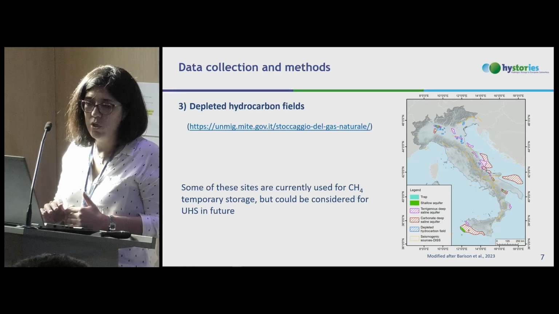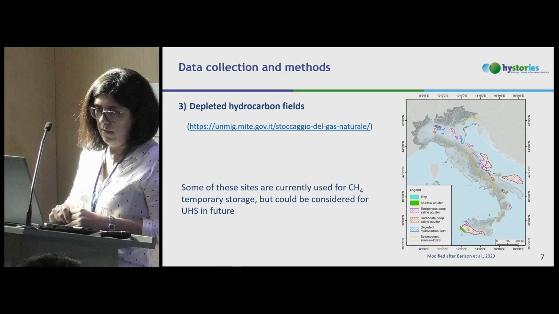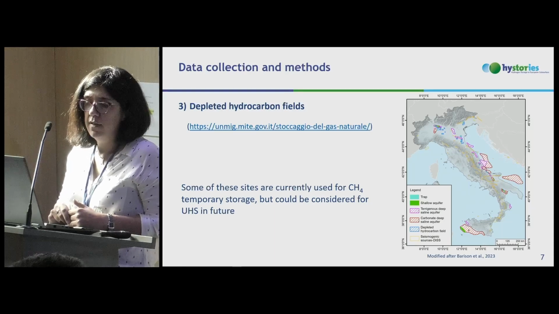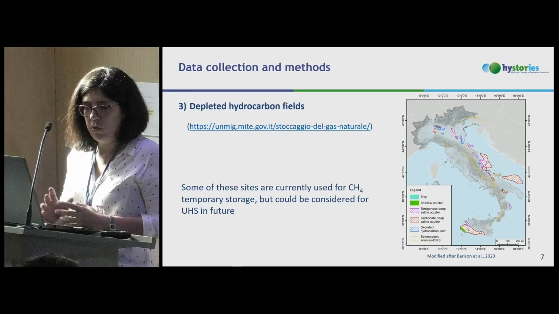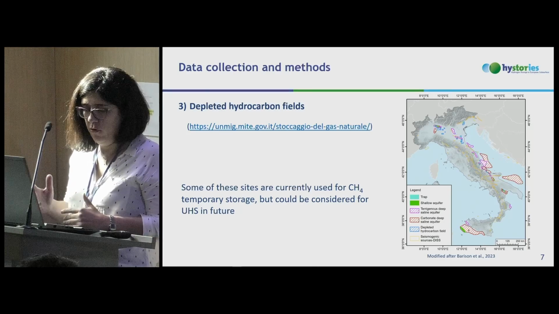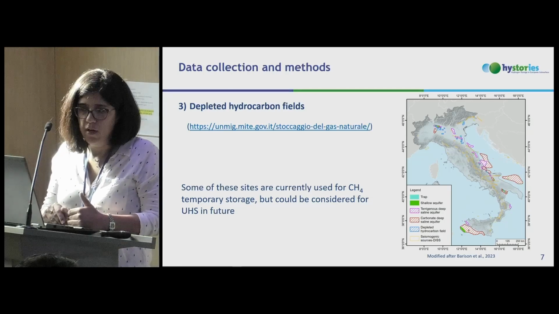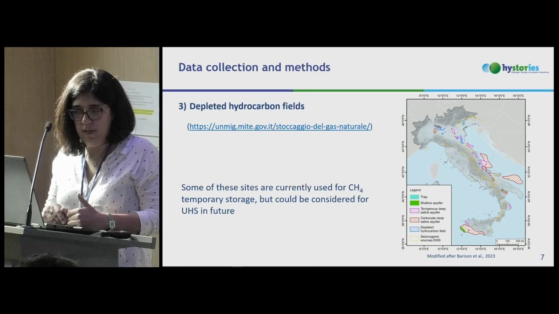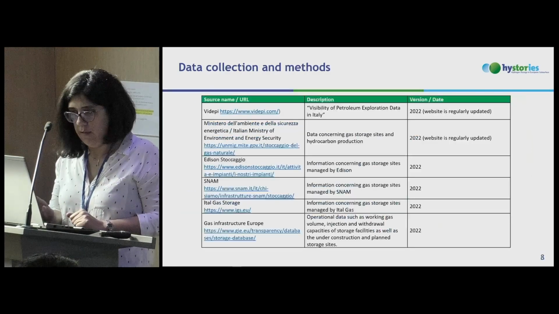This information is publicly available at the site of the Ministry of Environment and Energy Security, because in Italy, when an oil or gas company wants to perform a survey, they have to give the ministry all the information that they collect. So this information is publicly available at this website.